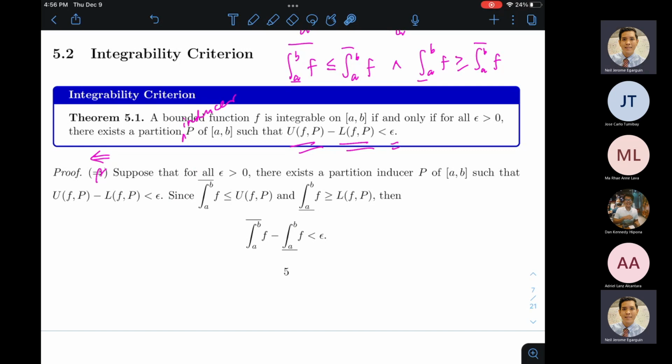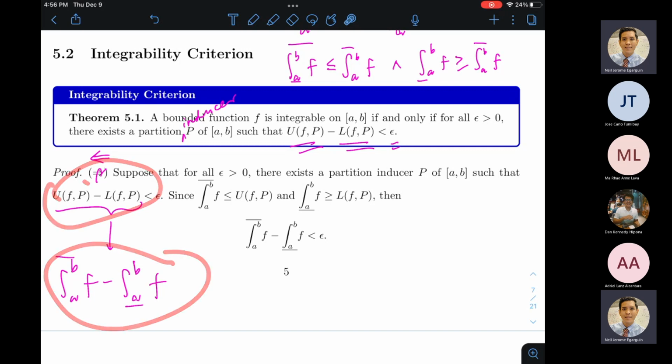So dahil ito ay papalitan ko ng, okay, so tingnan natin ito. All right, I'll look at this guy. Iko-compare ko siya sa upper Riemann integral minus lower Riemann integral. Titingnan ko kung ano yung mangyayari. So, ko-compare ko ito at saka ito.